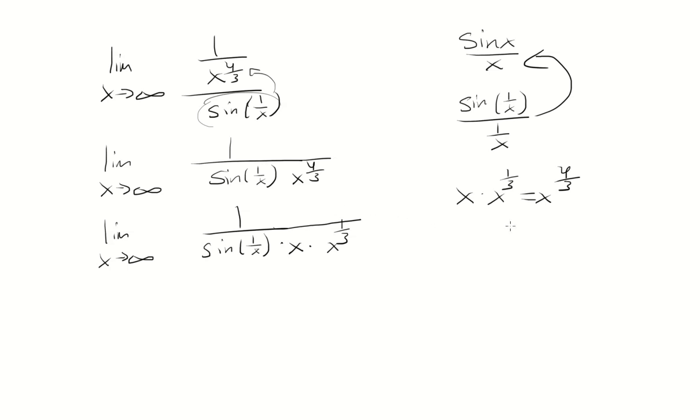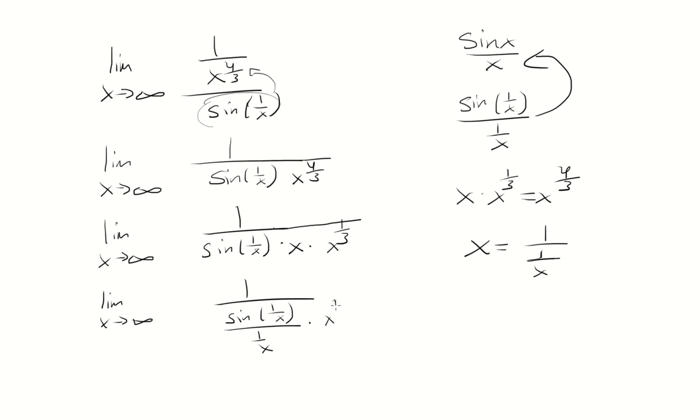Now what I want to do is set x equal to 1 over x. So 1 over the reciprocal of x is equal to x. Okay, so we know that this is true. So we have 1 over sine 1 over x, and then x will be 1 over x, like this.